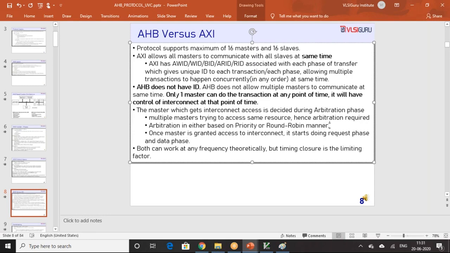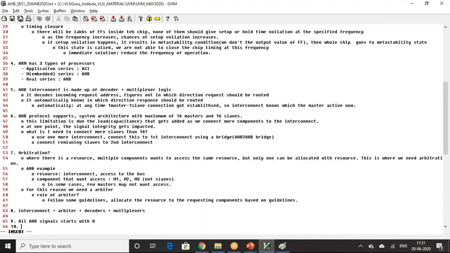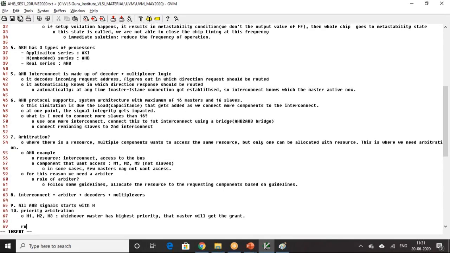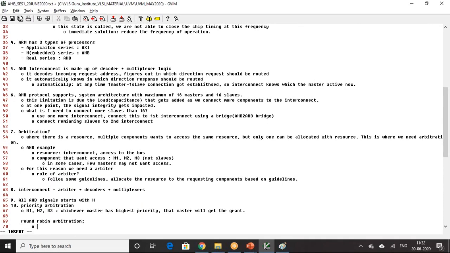What do round robin and priority mean? Priority arbitration means that among M1, M2, M3, whichever master has the highest priority, that master will get the grant. What does round robin arbitration mean? Among M1, M2, M3, first the grant will be given to master 1.